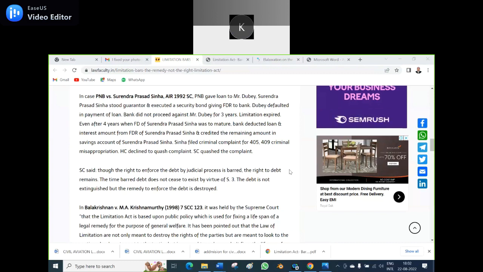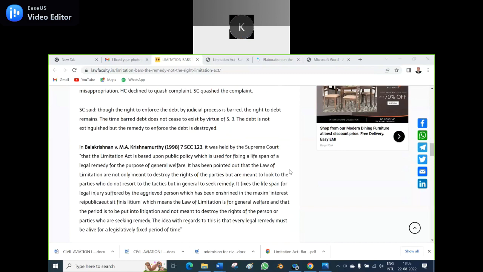The HC declined to quash the complaint, but the SC quashed the complaint. SC said, though the right to enforce the debt by judicial process is barred, the right to the debt remains. If the amount is there, the bank can deduct it, though the limitation time is over.